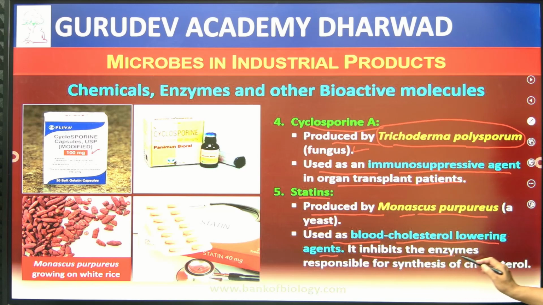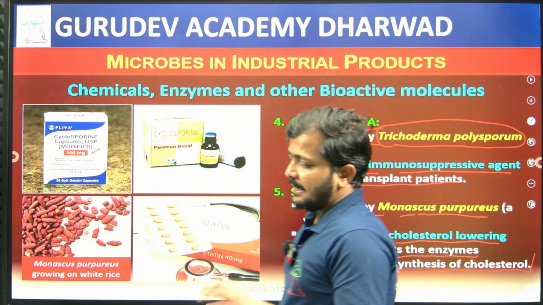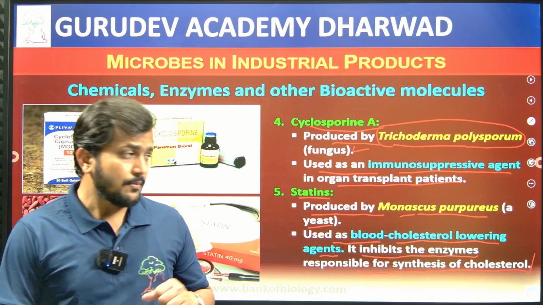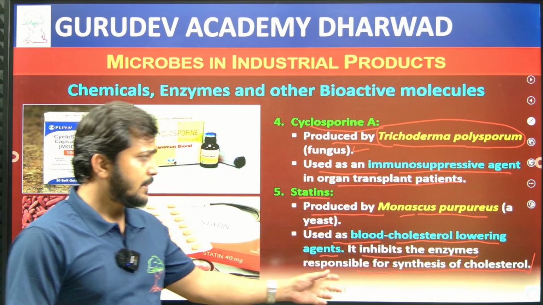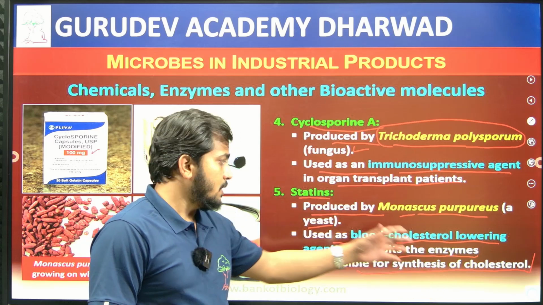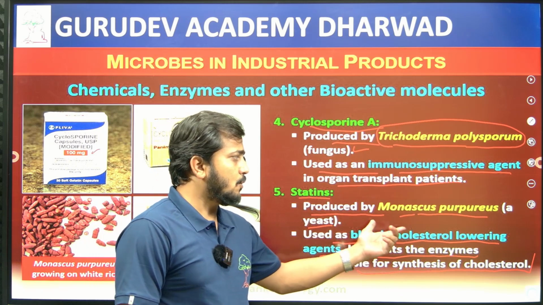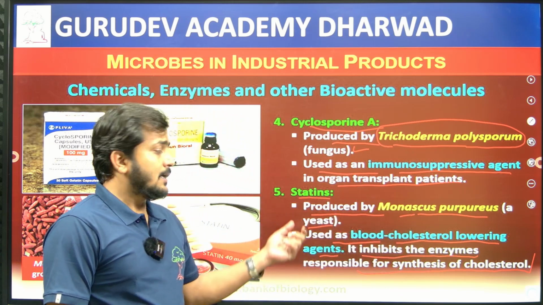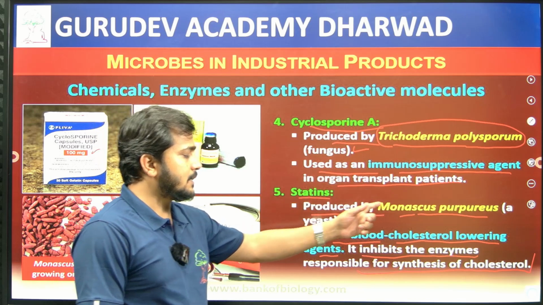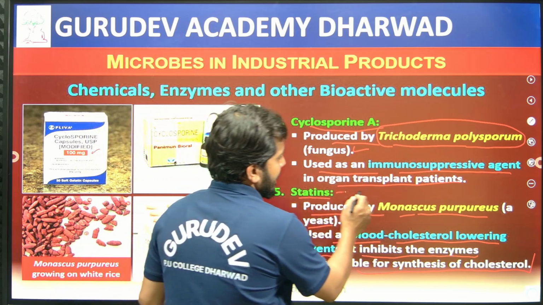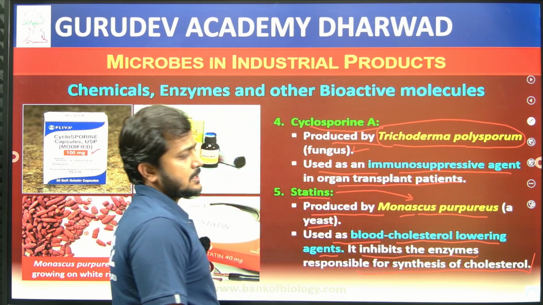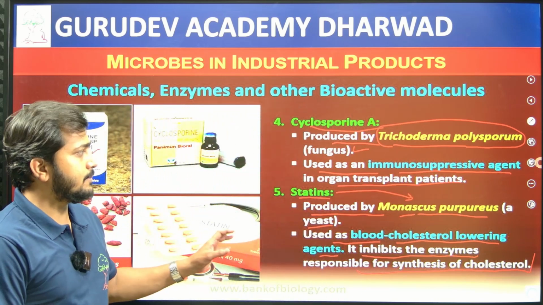It inhibits the enzyme responsible for the synthesis of cholesterol. What statin does is inhibit the enzyme responsible for the synthesis of cholesterol. That is why we say statin can be used as a blood cholesterol lowering agent. This statin is isolated from Monascus purpureus.